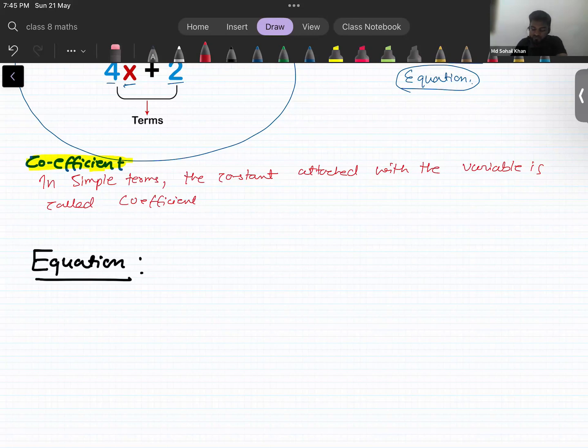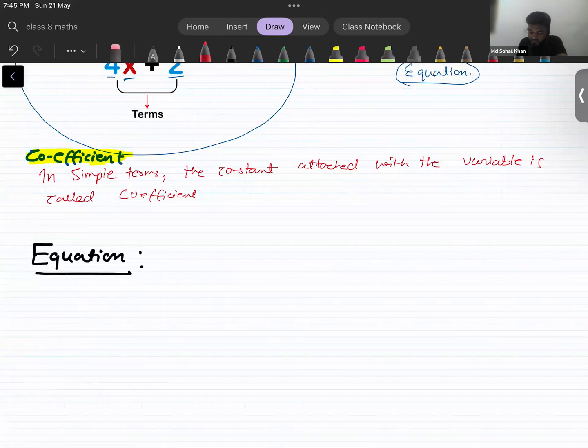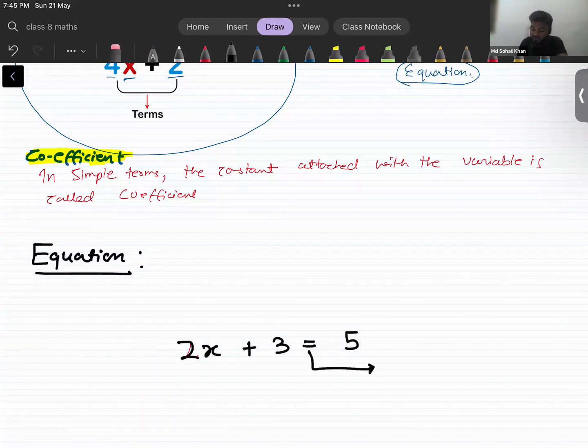So a typical example of an equation will look like this: 2x plus 3 equals 5. That is an example of an equation where you have an equality sign.